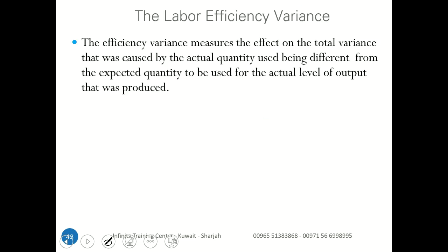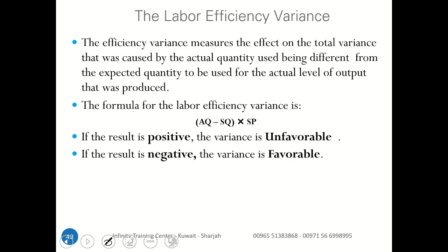Also, you can have labor efficiency variance. Again, the formula is the same: AQ minus SQ into SP. So here we are looking at how many labor hours we actually spent compared to how many hours we are supposed to spend. We multiply that with the standard price.